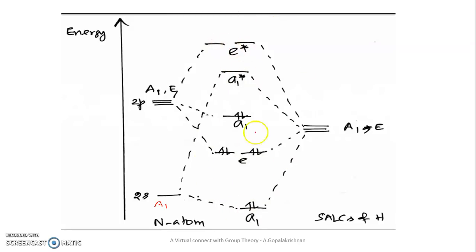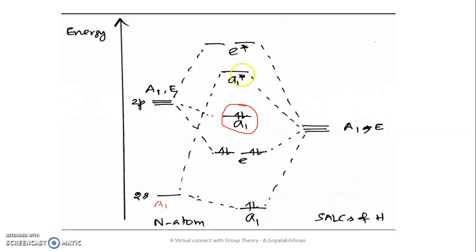It has 1, 2, 3, 4, 5, 6, 7 molecular orbitals. In these 7 molecular orbitals, this one is the non-bonding molecular orbital. So in ammonia, the non-bonding molecular orbital is actually the pz orbital. Then nitrogen has 5 electrons in the valence shell, and each of the 3 hydrogen atoms has 1 electron, so 5 plus 3, 8 electrons.